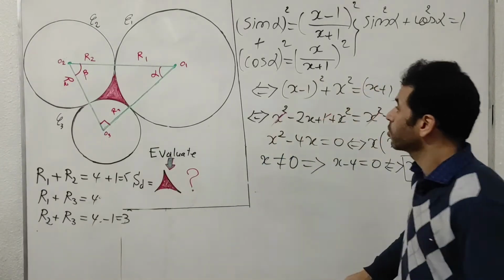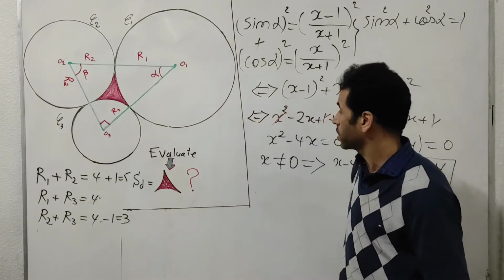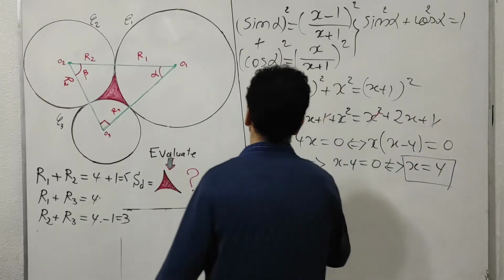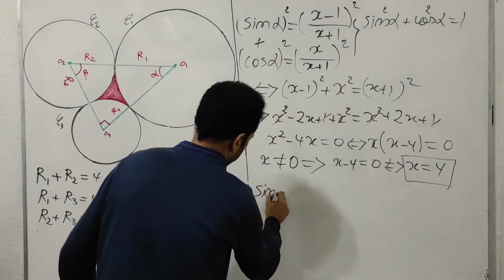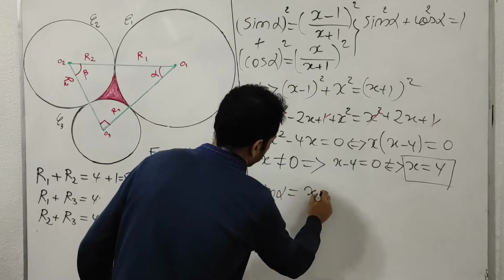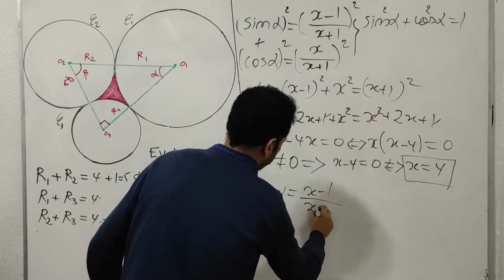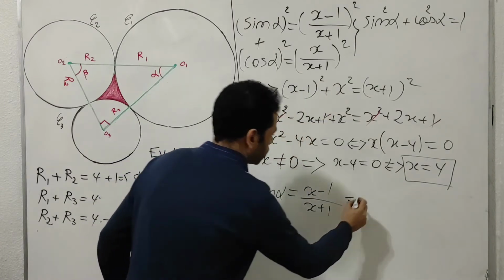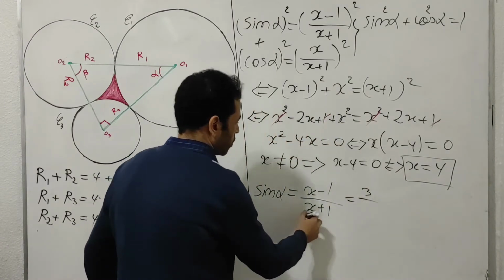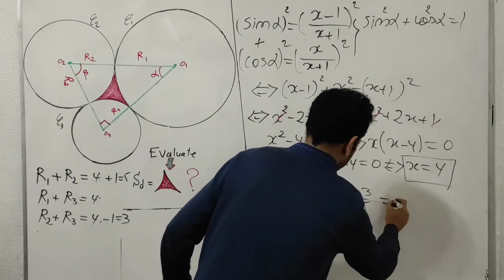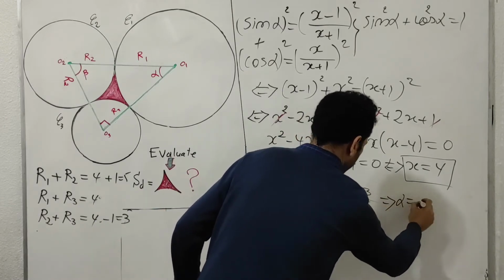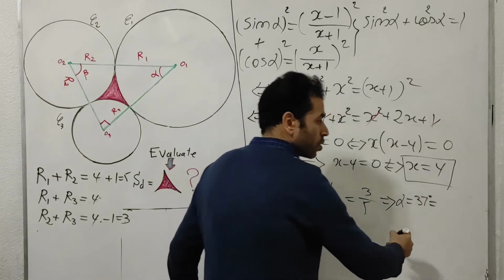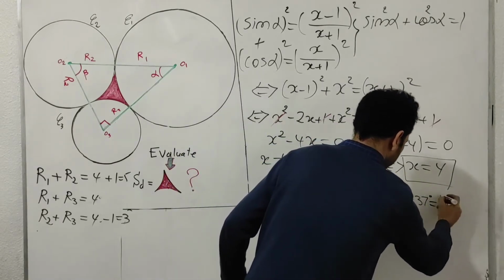For the next step, I'm going to calculate alpha and beta as angles by using the same trigonometry formula. I already have sine alpha equal to x minus 1 divided by x plus 1. Since we found x equal to 4, that means 4 minus 1, which is 3, divided by 5. That means alpha equal to 37 degrees, or pi over 5.